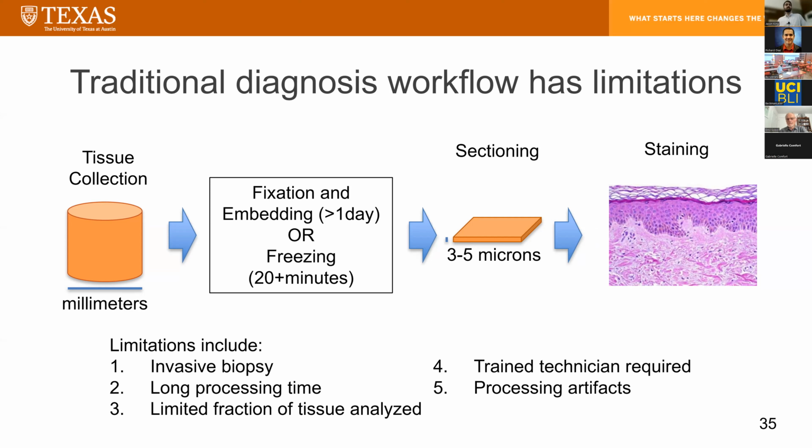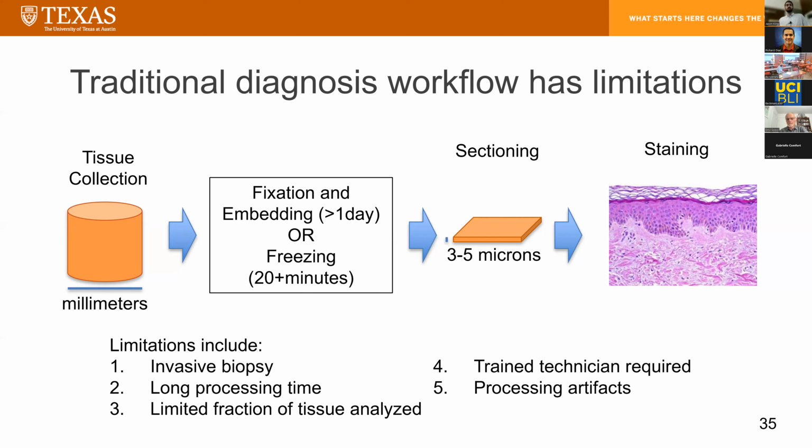The typical process takes over a day, or you can do frozen sectioning, which takes over 20 minutes. Additionally, a limited amount of the tissue that you harvest is typically analyzed, and it requires a trained technician to prepare the tissue. And then additionally, there can be different processing artifacts.